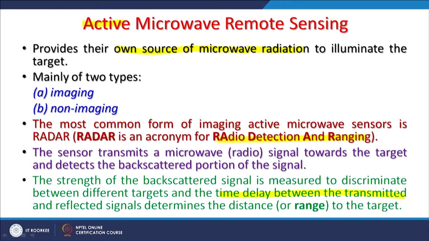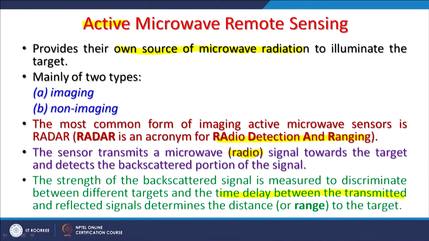The radio signals are sent towards the earth, and whatever comes back, the delay time is used to measure or estimate the distance between the sensor and the object, and that is why it is called radio detection and ranging.